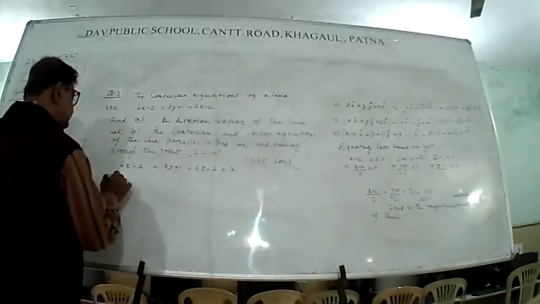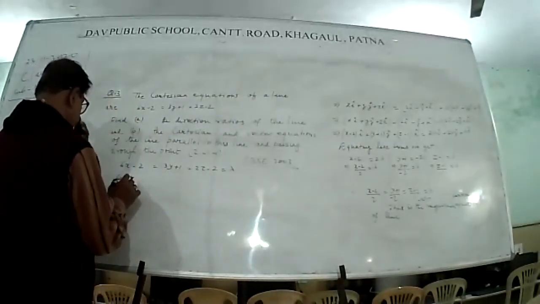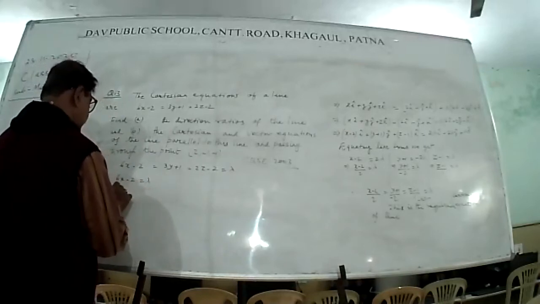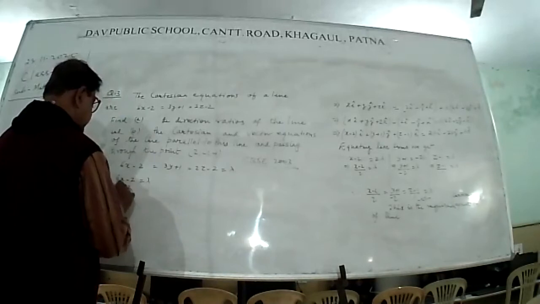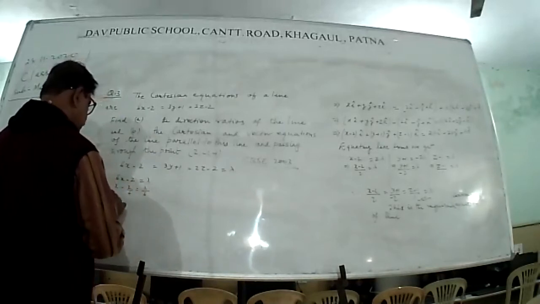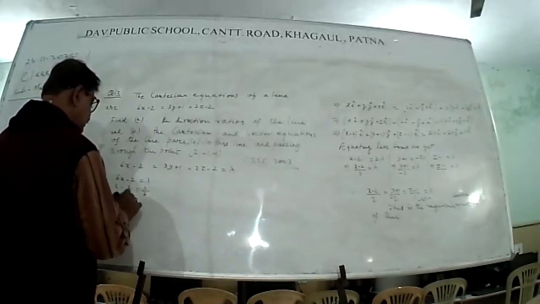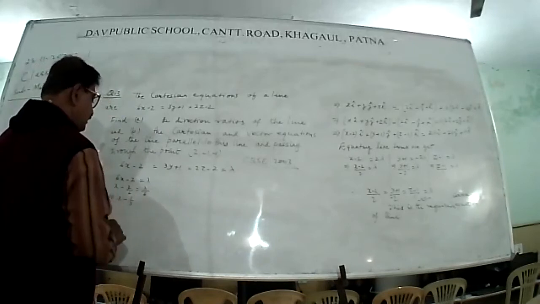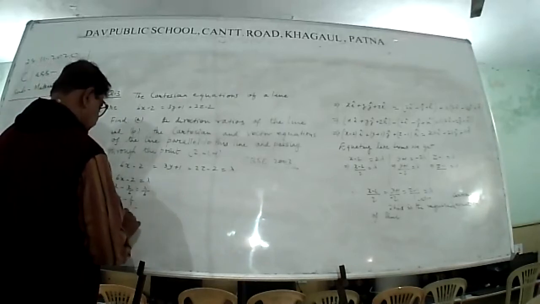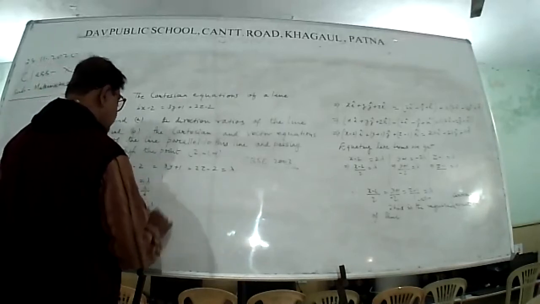Since 6x minus 2 is equal to lambda, so x minus 2 by 6 is equal to lambda by 6. This implies x minus 1 by 3 upon 1 by 6 is equal to lambda.